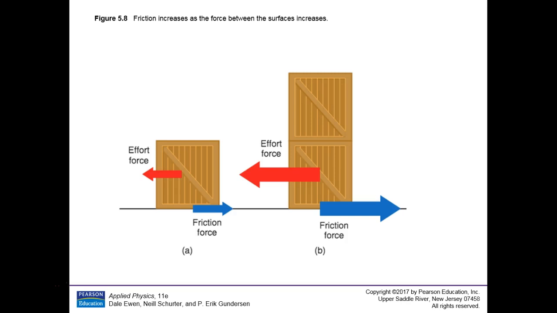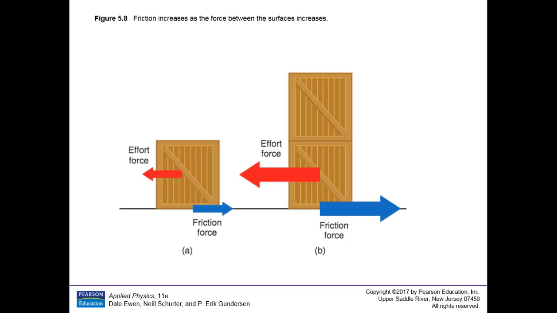I'm going to pull on the table, okay? I can pull a little bit, and as long as it doesn't move, I'm being resisted by the force of static friction because it's not moving. And I pull a little, and it's staying where it is, so the static friction is exactly enough to counter my pull. My pull's this way, the static friction's that way.